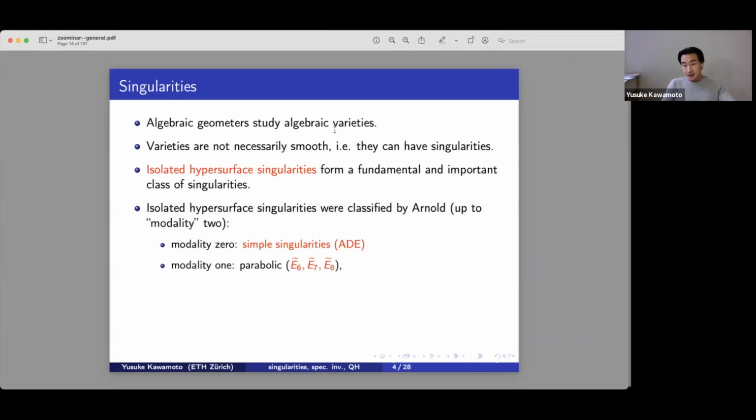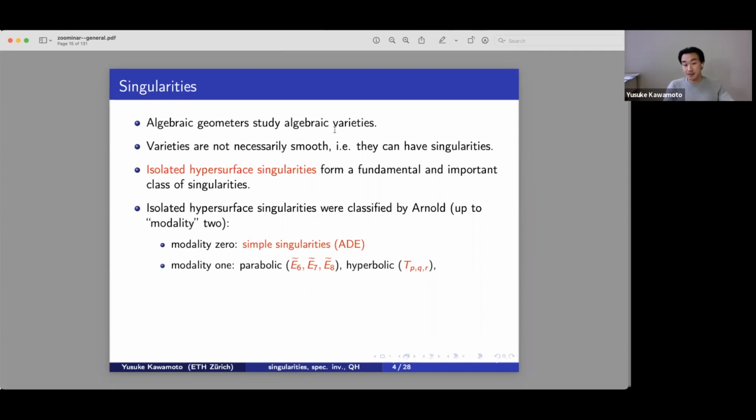And for the next most complex ones, there are 3 types. The first one is called the parabolic ones. Sometimes it's written with E6 tilde, E7 tilde, E8 tilde. Sometimes it's also called simple elliptic singularities. The second type in modality 1 are called hyperbolic.